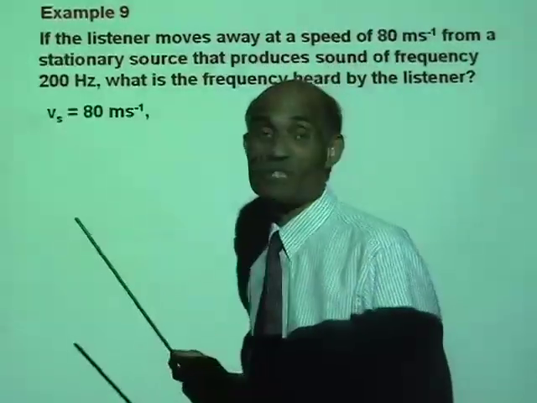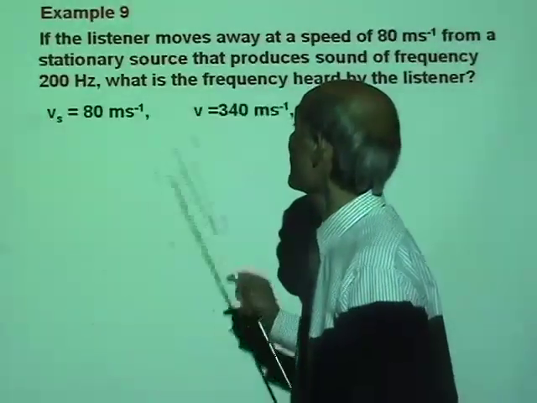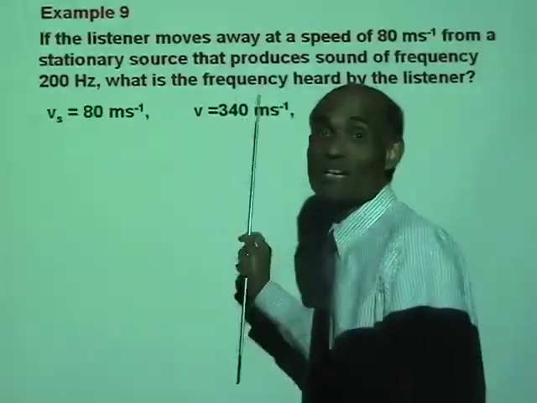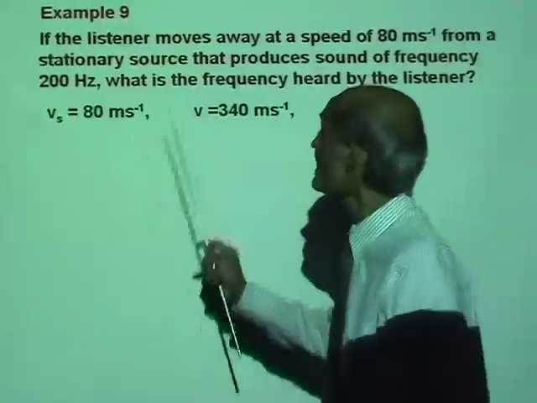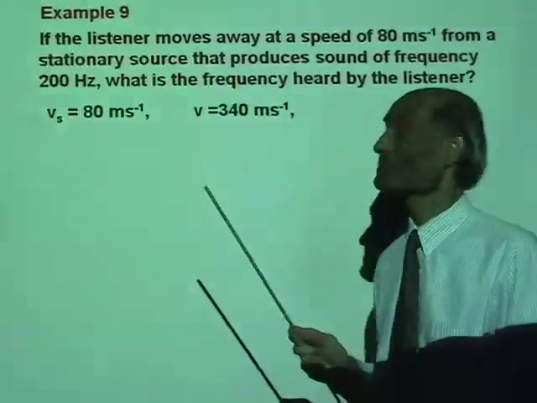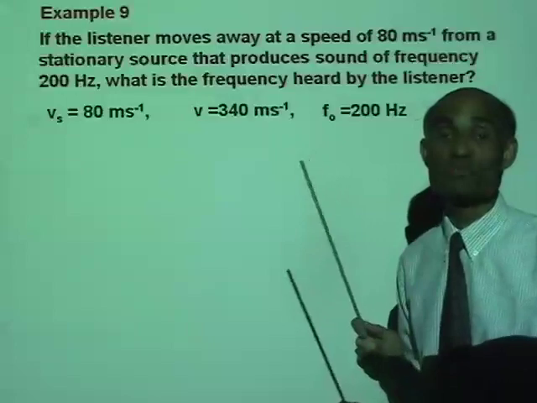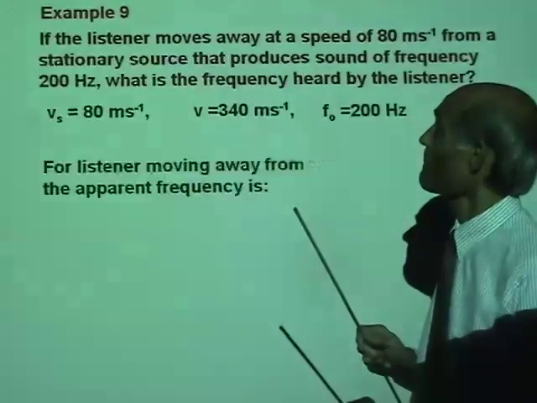So the speed of the source is 80 meters per second. The speed of sound is 340 meters per second. I haven't given it in the problem, but you must be able to use that. The actual frequency of the source is 200 Hertz.